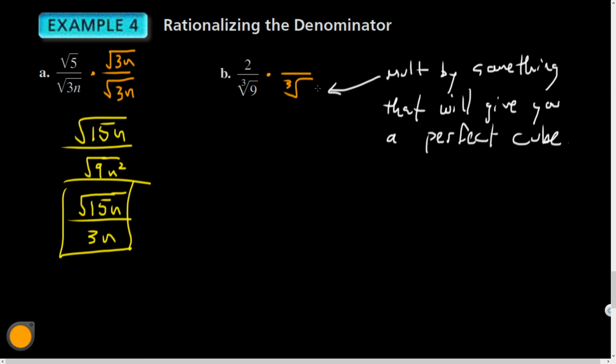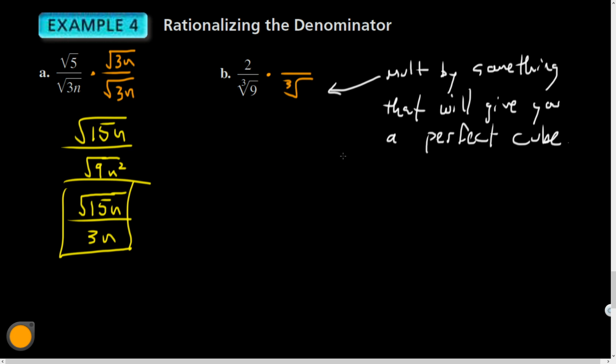Well, one clever way you could think about this is 9 to the first. If I multiply it by a 9 squared, that would give me a perfect cube. Another way I could think about it is 9 is the same as 3 squared. And so if I multiply it by the cubed root of 3 to the first, a 3 squared and a 3 to the first will give me a 3 cubed, which is a perfect cube.